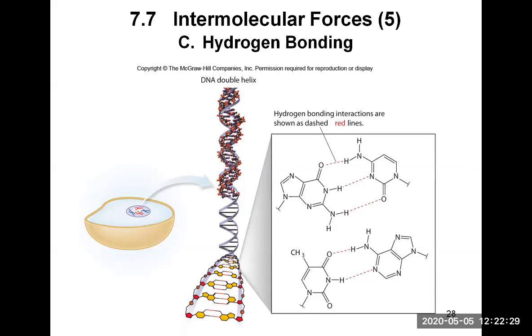You can see in the zoom of the DNA molecule here how the dashed red lines are illustrating hydrogen bonding between the oxygen of one molecule and the hydrogen that is bonded to a nitrogen of another molecule, or between the hydrogen that is bonded to a nitrogen and the nitrogen of another molecule, right?